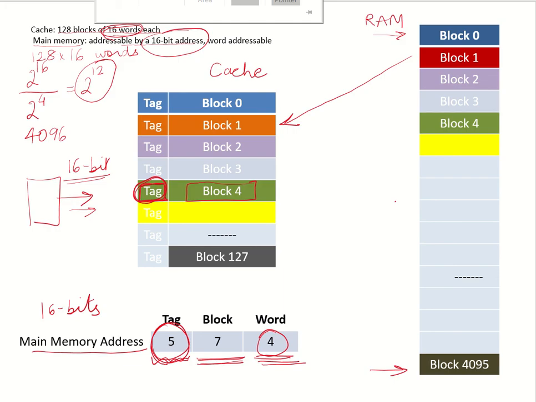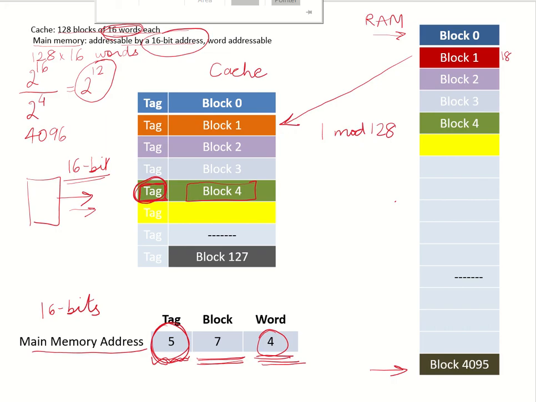Let us consider, say, memory address 18. Memory address 18 will be in block 1 because each block consists of 16 words. So block 1 modulo 128 will map to cache block 1, and this block will be transferred to block 1 of the cache.